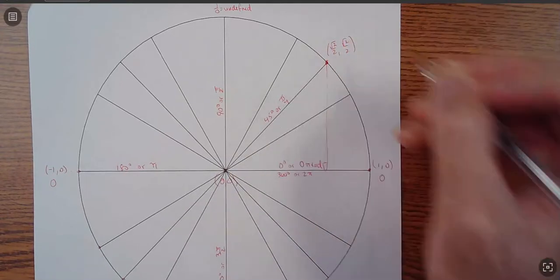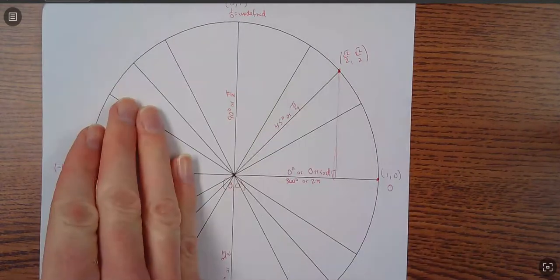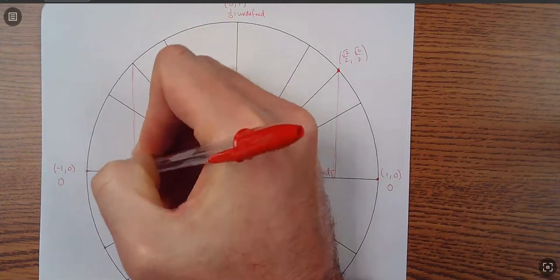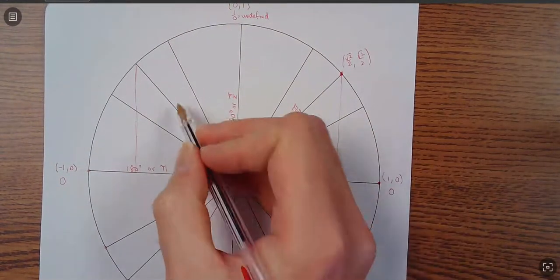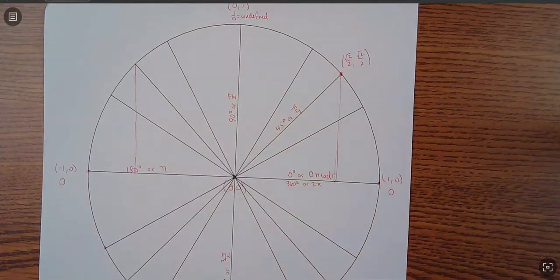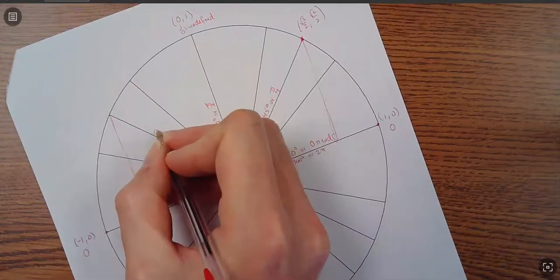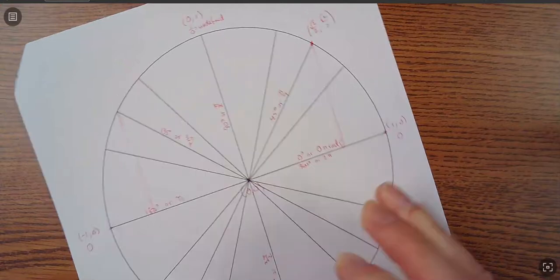Radical 2 over 2. Now if I flip this 45, 45, 90 triangle over, look at this right here. There's another 45, 45, 90 triangle. What's this angle measure right here? We went 90 and then 45 more, so that'd be 135 degrees, or 3 pi over 4.